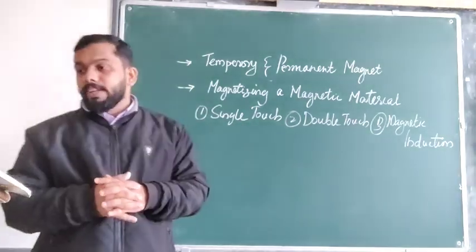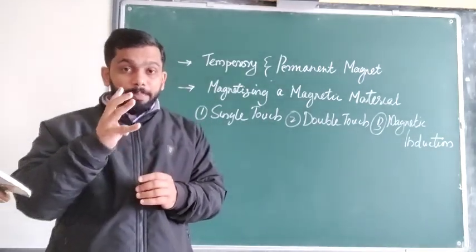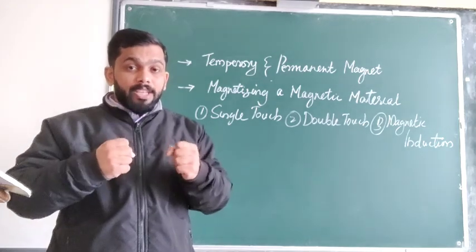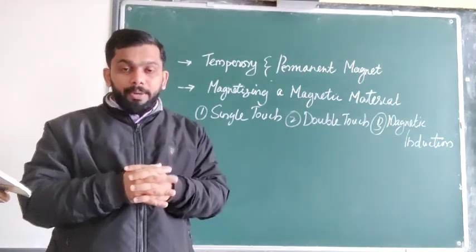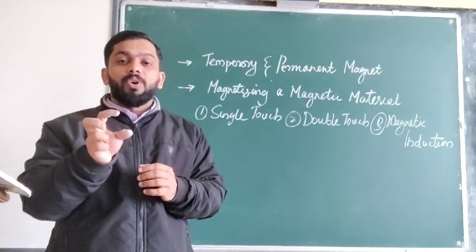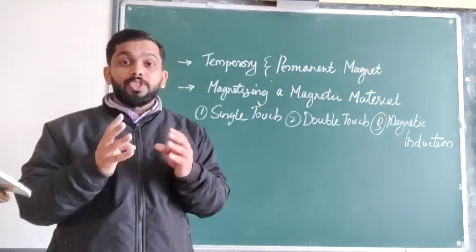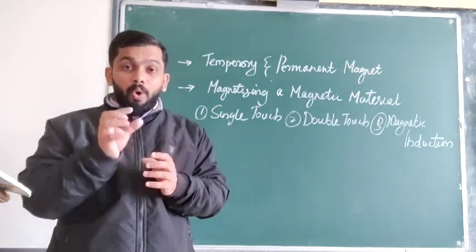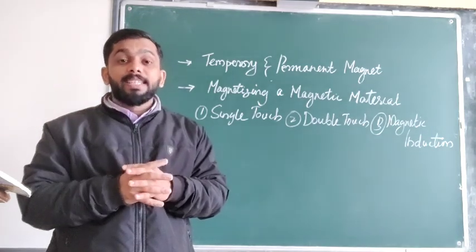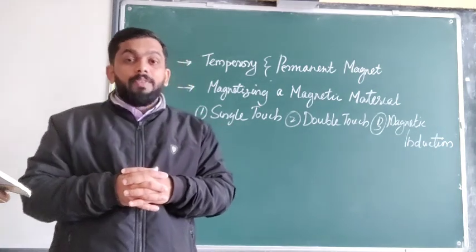On page number 87 it is given: magnets that can retain the magnetic properties only for a short interval of time are known as temporary magnets.